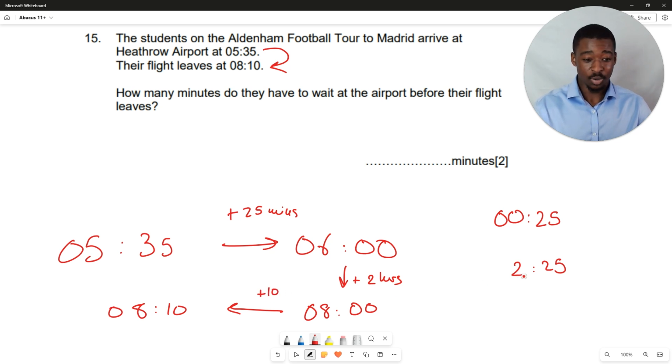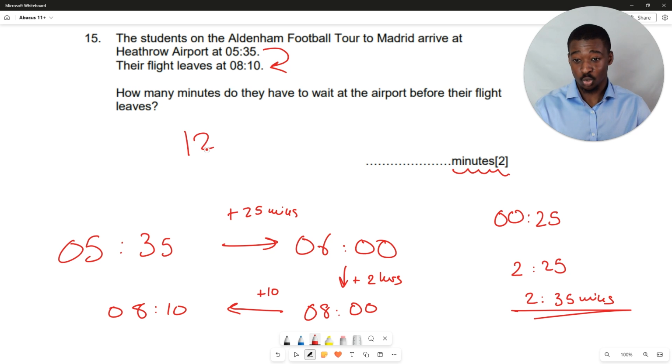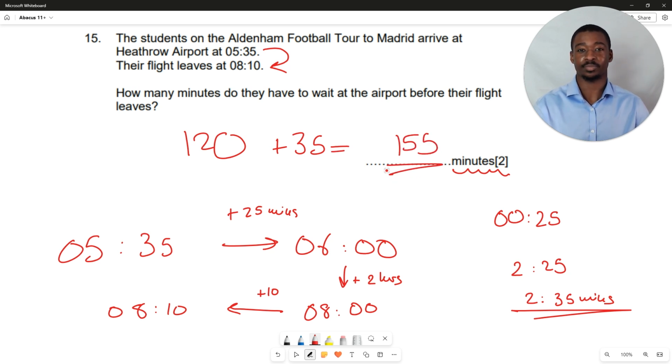So now we don't have 2 hours and 25 minutes, we have 2 hours and 35 minutes. So that's our answer, but then we're told to put everything in minutes. So 2 hours is obviously going to be 120 minutes because there's 60 minutes in 1 hour. So 120 plus the 35 gives us 155 minutes, and that's our answer.